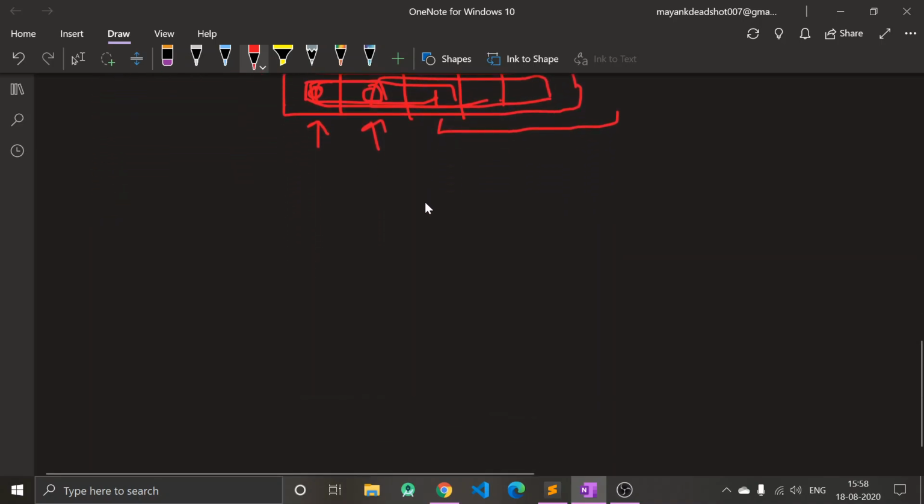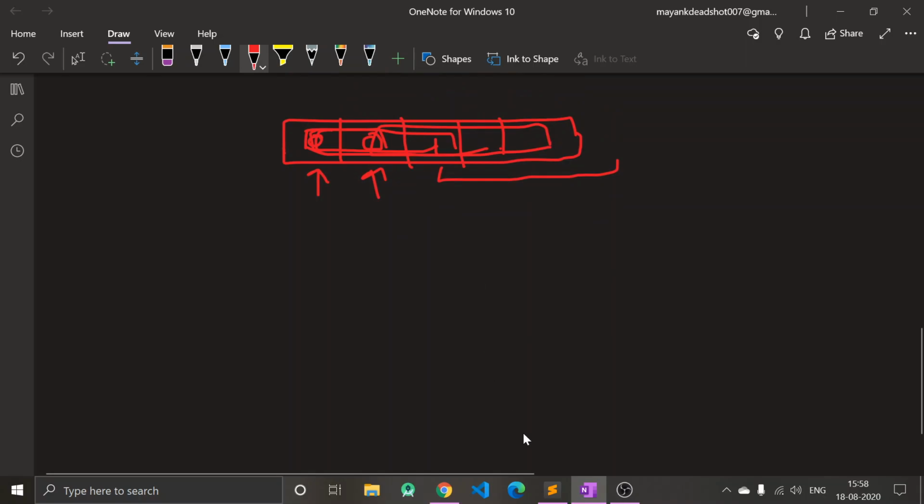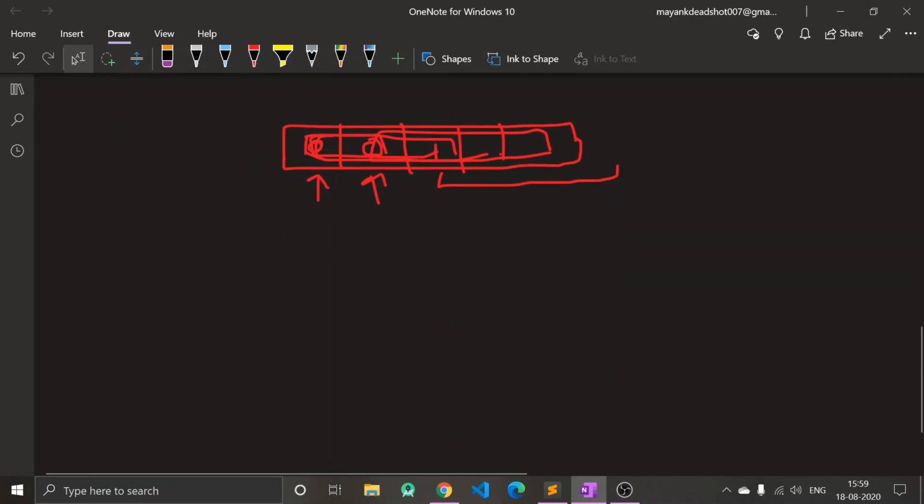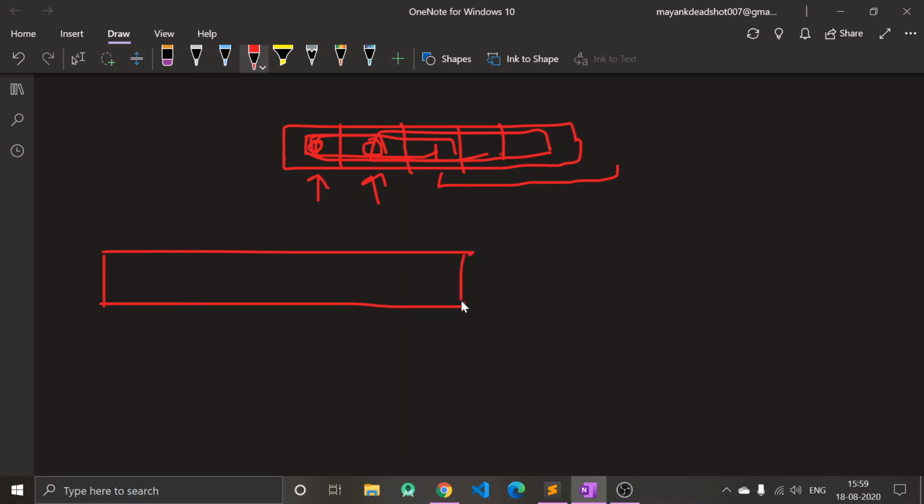So first of all in DP we have to make the recurrence. What will be the recurrence of it? Let me write down the example: 10, 20, 30 and 40, the first index, second index, third index and fourth index.